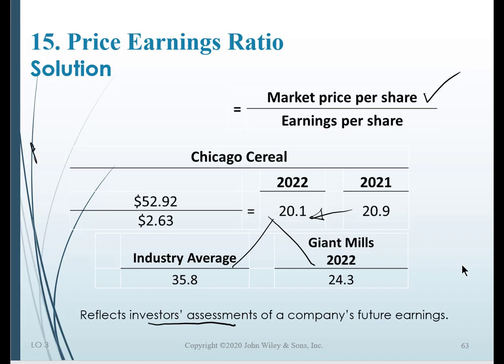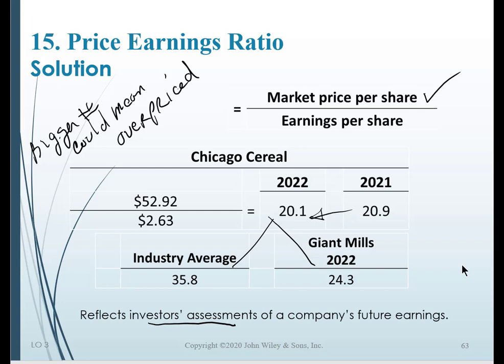So bigger numbers, let me just write this down. Bigger numbers could mean overpriced. If the number gets too big, it could mean that investors are putting too high a price on this particular asset.